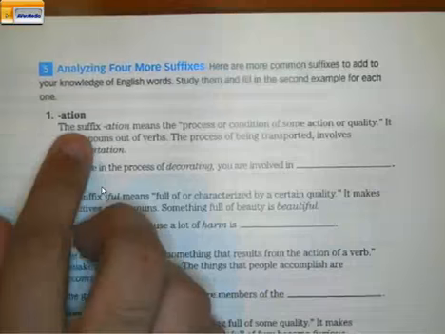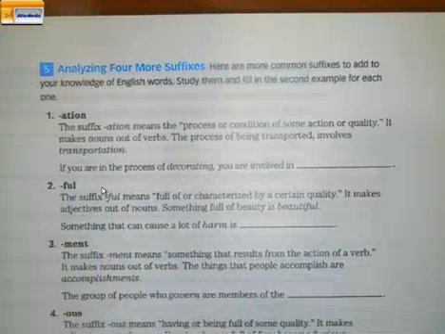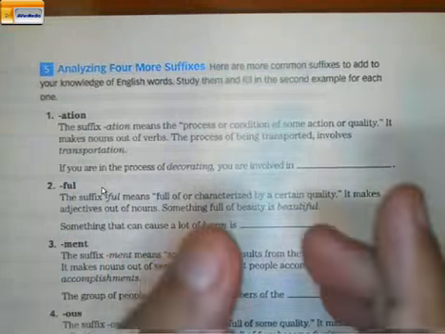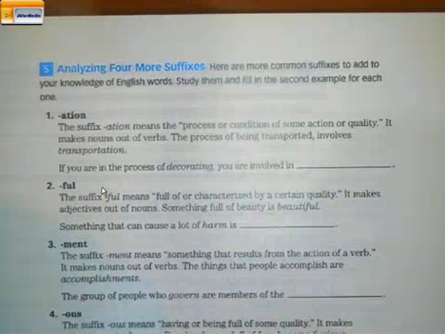We have ation. We add this to the end of the word, and it means the process or condition of some action or quality. It makes nouns out of verbs. So we have verbs, and if we add ation, they become nouns.